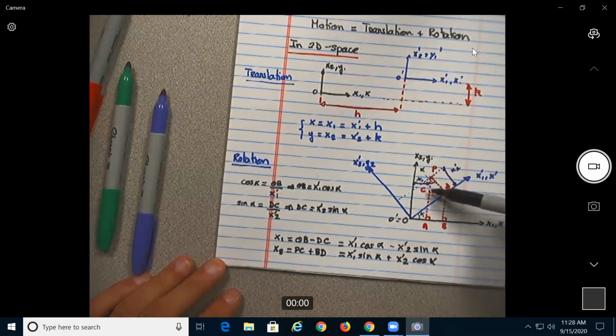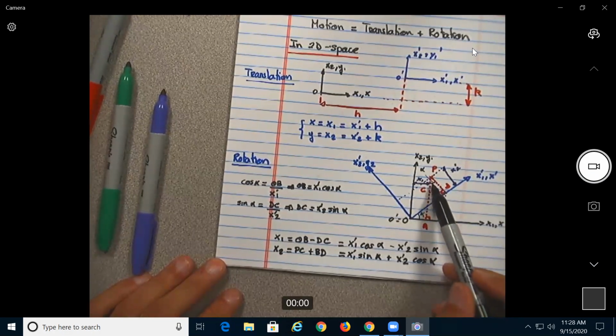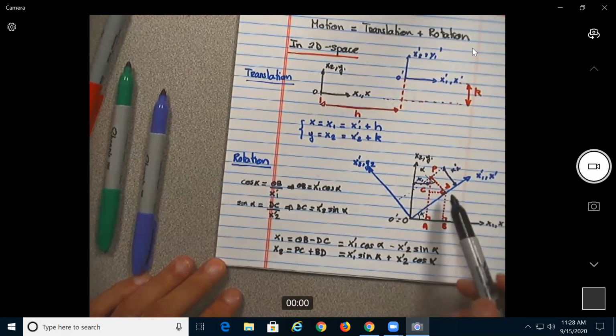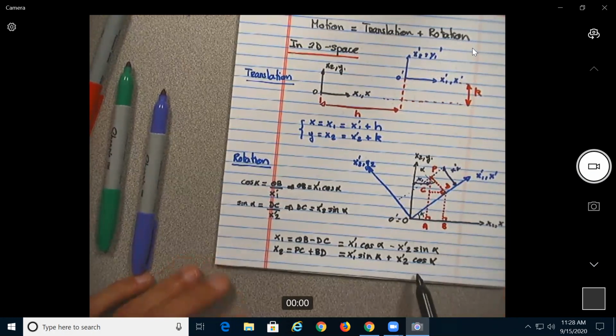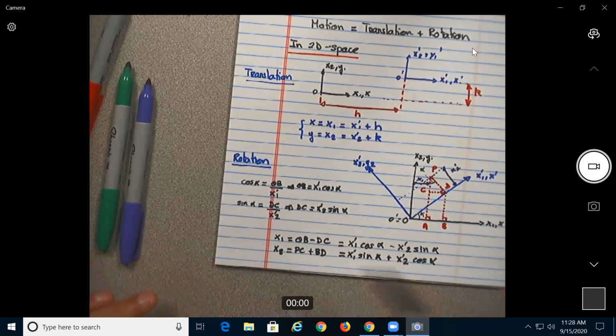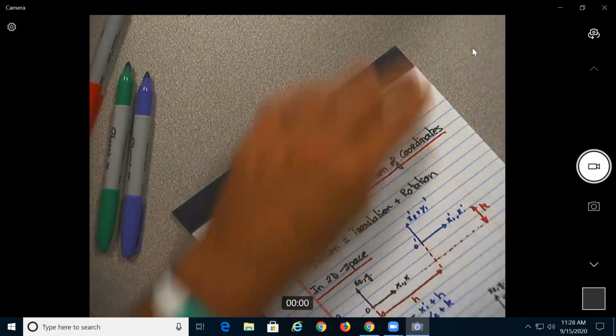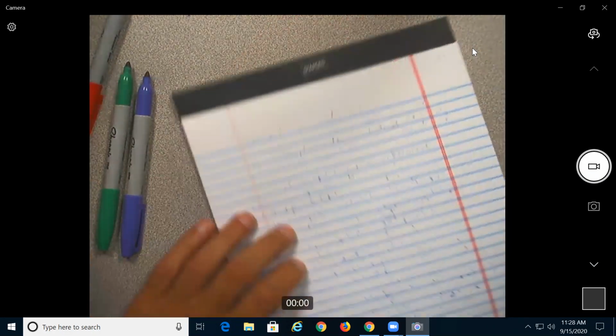Sine alpha will be equal to PC over x prime 2, no? So similarly, you can find this expression over here. All right? I don't think I need to write it down. All this stuff is derivation, but I'm sure you have seen this before.